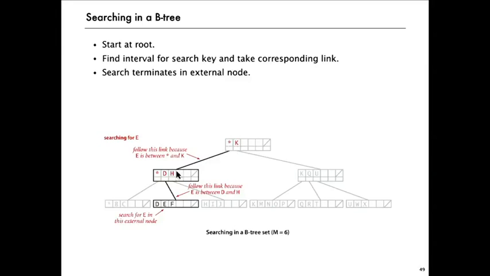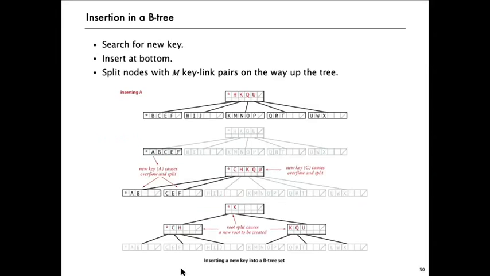And in every case it's that way. So if we're looking for E in this B tree, we'd go down the left link, and then it would go down the second link because E is between D and H, and that's just the way it's organized. And then when you get to an external node, you just look for it. All searches terminate at an external node, and otherwise it's just a generalization of what we just did.